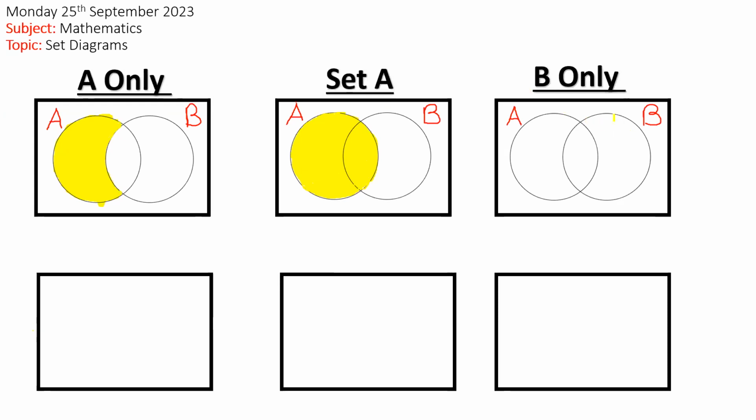We do not shade in the intersection, only this part. That's B only. Just like how A only was just that part without the intersection, all of A without the intersection. B only is all of B without the intersection. We do not say the intersection.